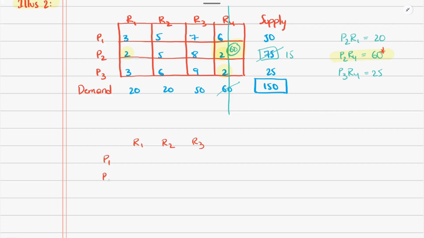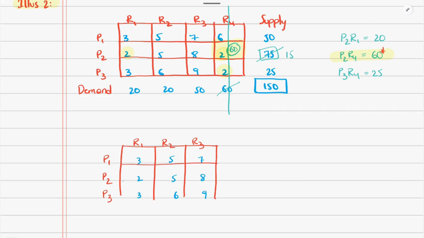Now P1, P2, P3. Let's write the costs as well. Now we have the costs of 357, 258, 369. Right? This is basically the table that we have right now.